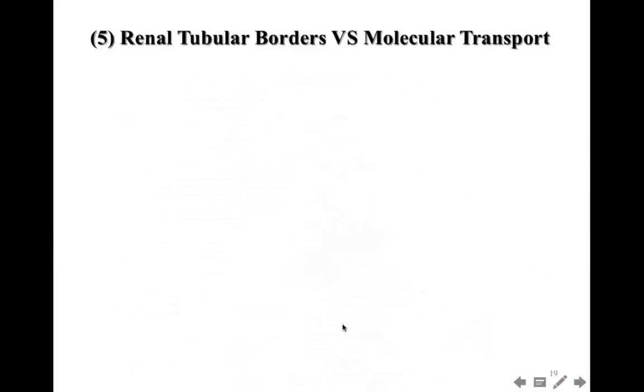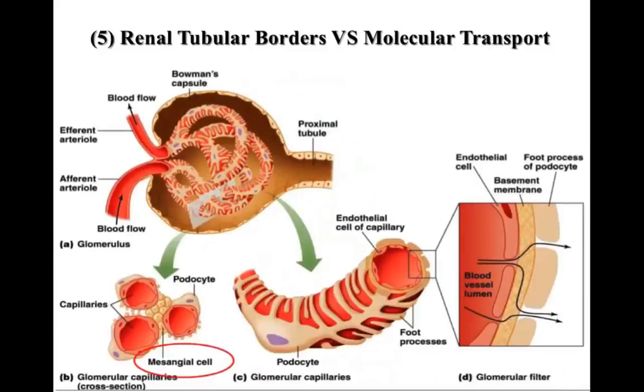Now let's talk about the transport of molecules across the glomerular capillary or glomerulotubular membranes. There are three glomerular membranes. First, the capillary endothelium, with wide pores about 70 to 90 nanometers in diameter called fenestrae, and they clearly forbid the passage of large molecules across it.